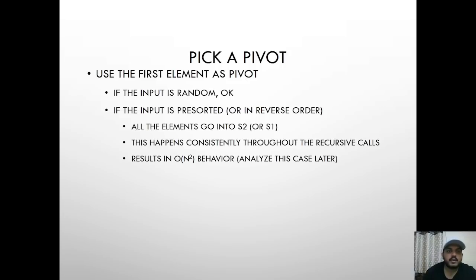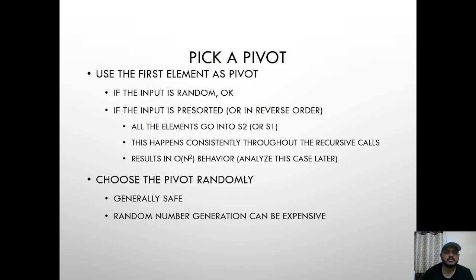But if the input is in sorted or reverse order, all the elements go into S2 or S1, and this happens consistently throughout the recursive calls, resulting in n squared behavior, which we analyze later. Choosing the pivot randomly is generally safe, but random number generation can be expensive.